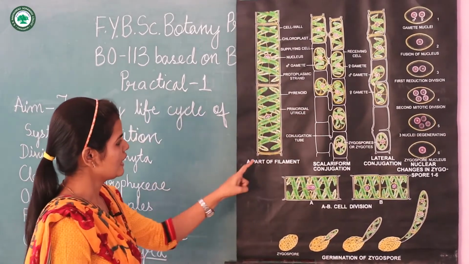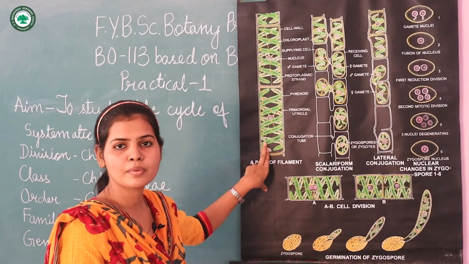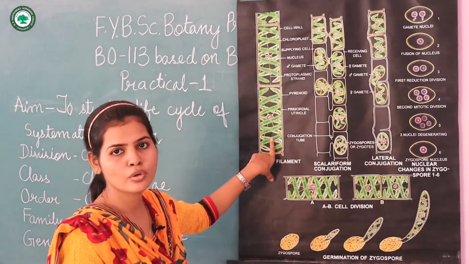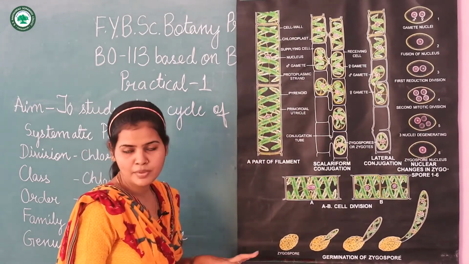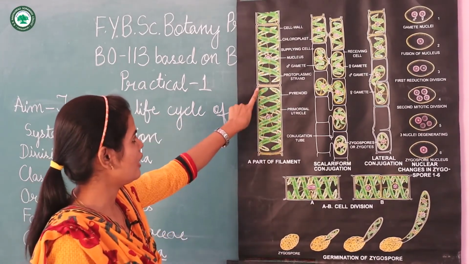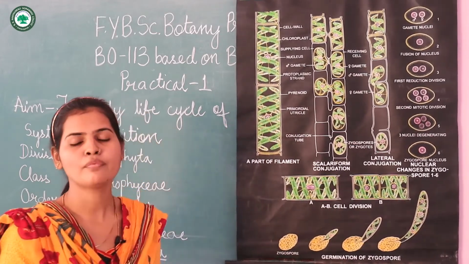Firstly, it is filamentous and green in color because of the presence of chlorophyll. Next, it has an outer cell wall made up of pectose.